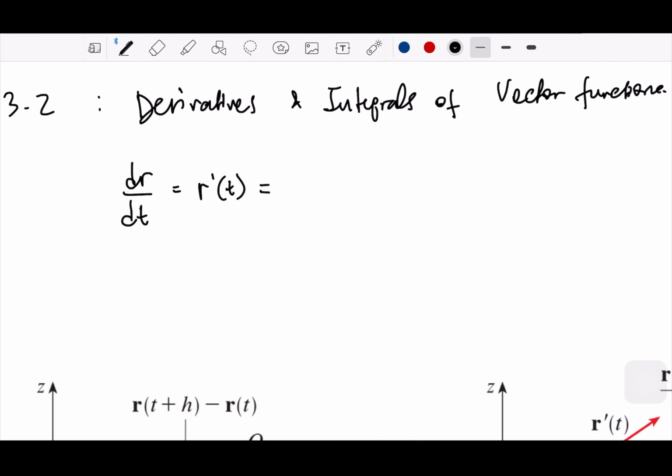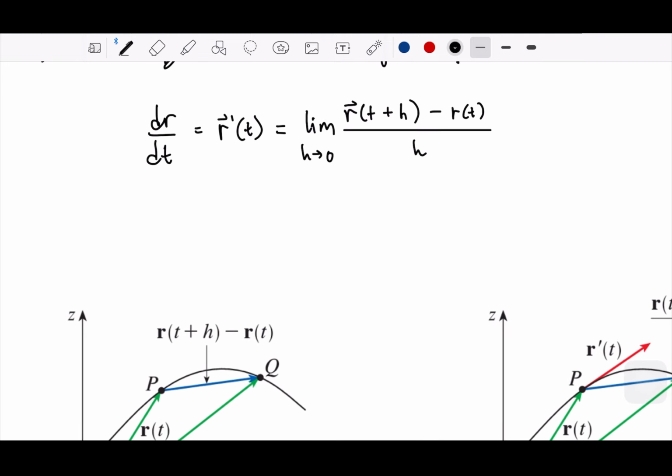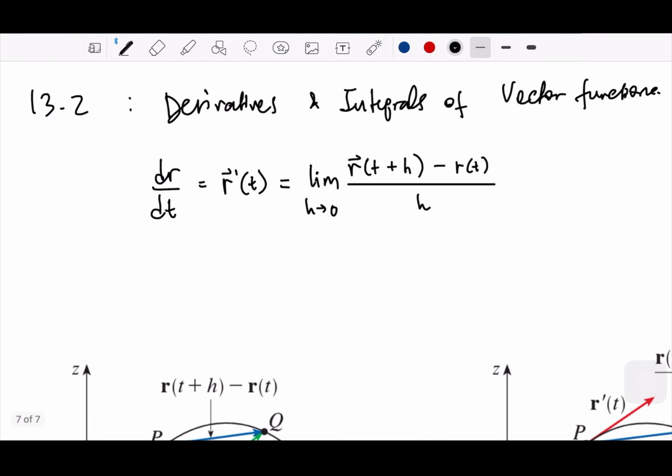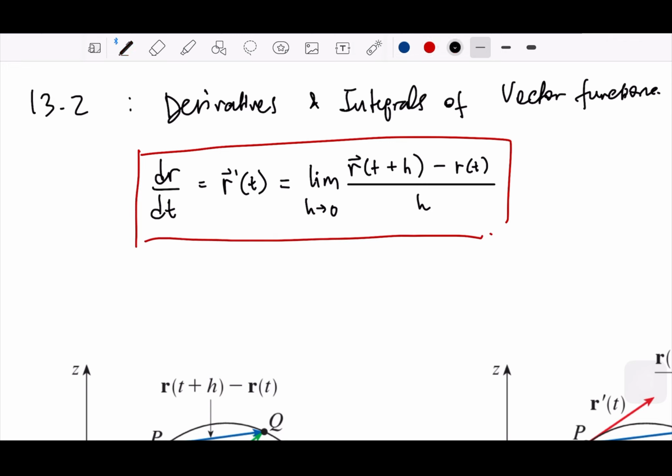This is not much different than the definitions in calculus 1. Okay, still the same definitions. So if the limit exists.